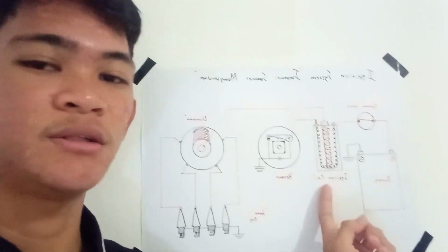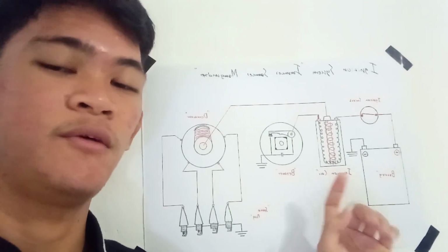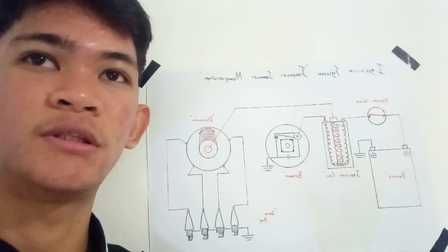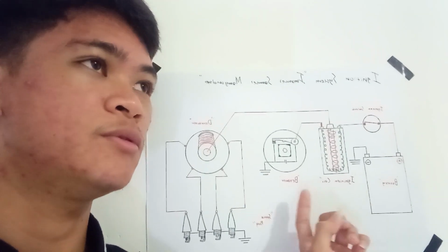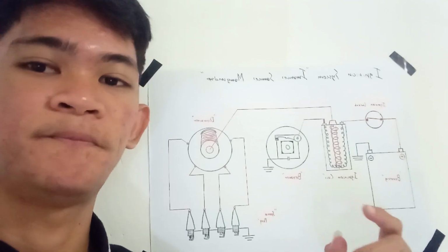And then this is the ignition coil, and its function is to step up the voltage from the battery, 12 volts, up to 2000 volts.